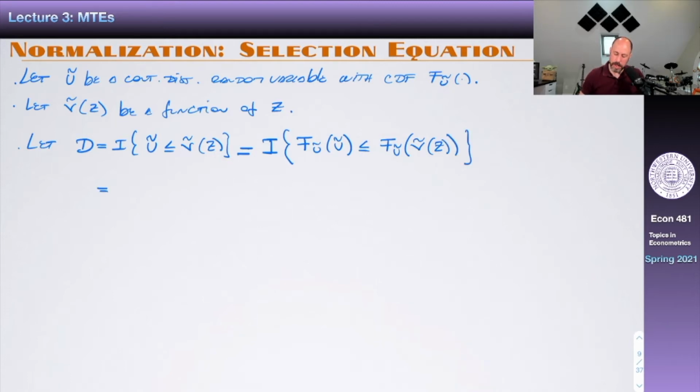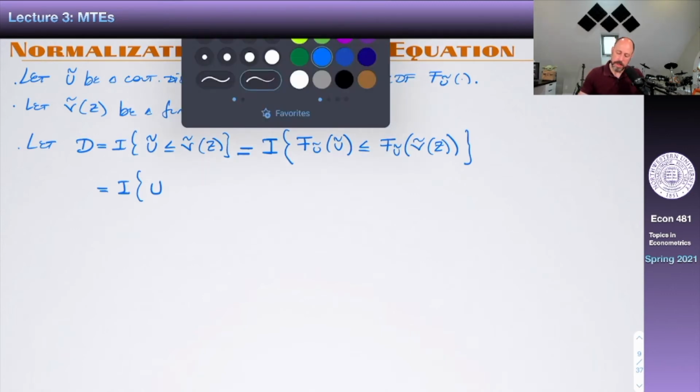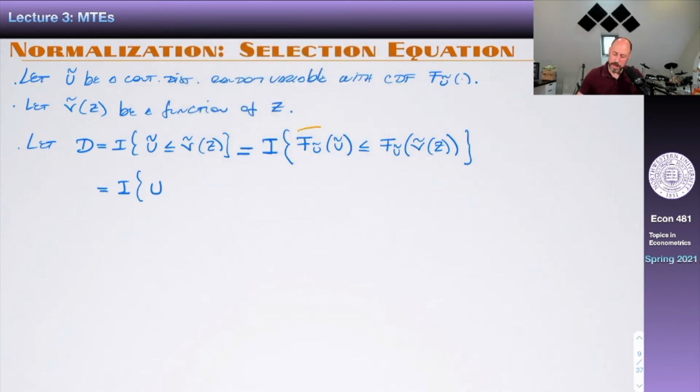And as you recall, when you have a continuously distributed random variable and you apply the CDF to that random variable, you get a new variable I'm going to call u that is uniformly distributed. Okay? So actually, just to be clear, let me just call this u, and let's call this b of z, right? So then I rewrite this model as this. And then u here is uniformly distributed.